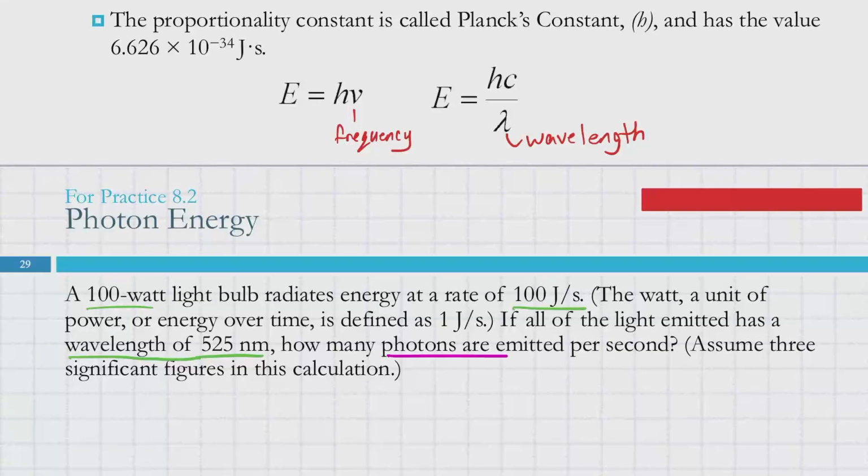So we're looking for photons per second, and we'll just give 3 significant figures for our value. So these E values that we see up here is energy per photon, if I'm remembering correctly.